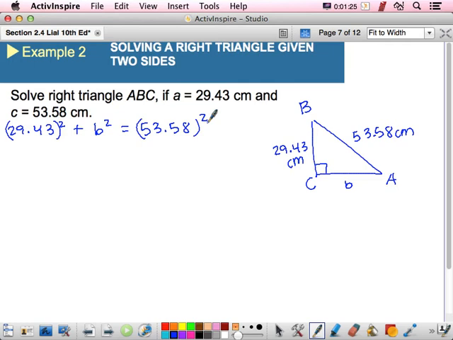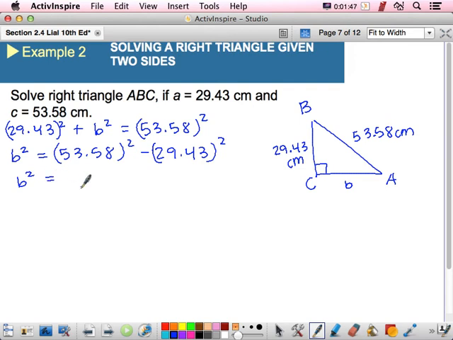So I'm going to rewrite this as b squared equals 53.58 squared minus 29.43 squared, because you are not allowed to round during the problem. You're only allowed to round once at the final answer, so I don't want to type all those decimals in and then have more decimals. Okay? That's going to be b squared.